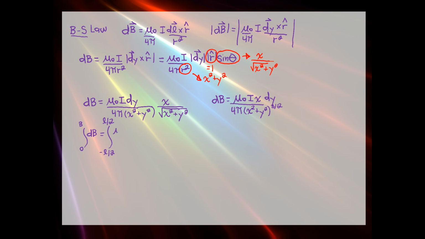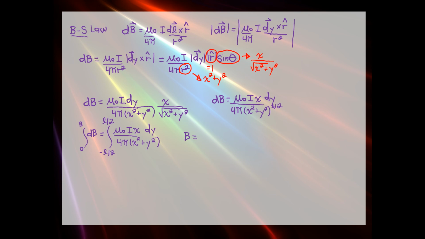And then we're going to integrate mu naught Ix over 4 pi times x squared plus y squared, dy. Okay, the left-hand side would just become the total magnetic field, which is B. So no problem there.